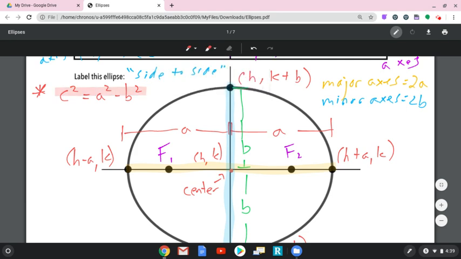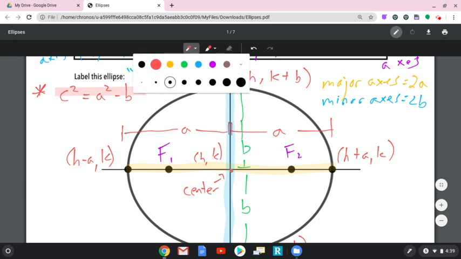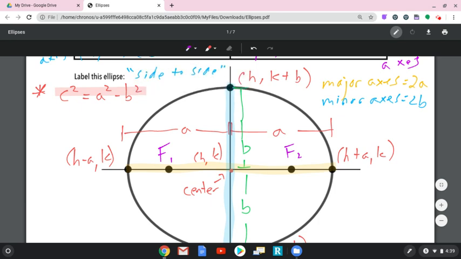For focus 1, in this case, it will be H minus C, K. Focus 2 will be H plus C, K. That C value is what's added and subtracted to our center, whether it's our X or our Y, based on if it's a horizontal or a vertical ellipse.